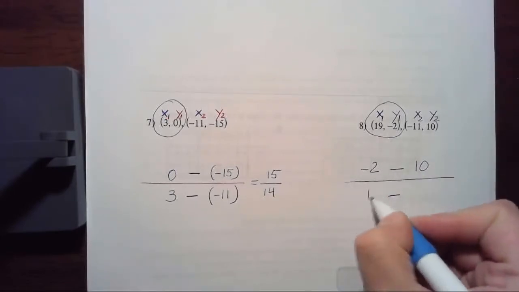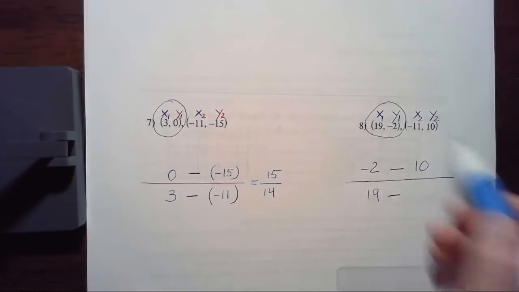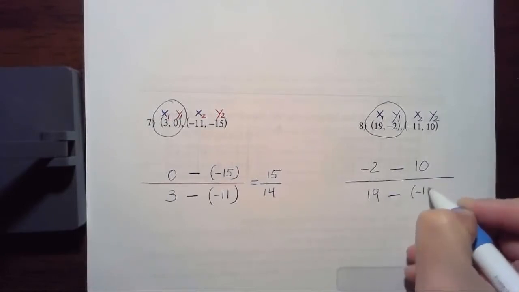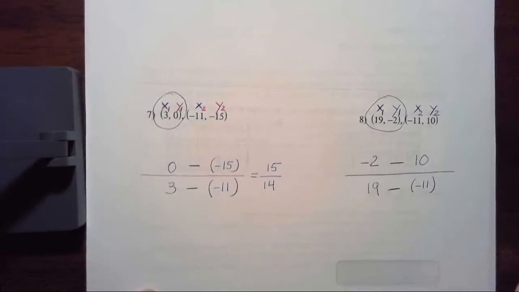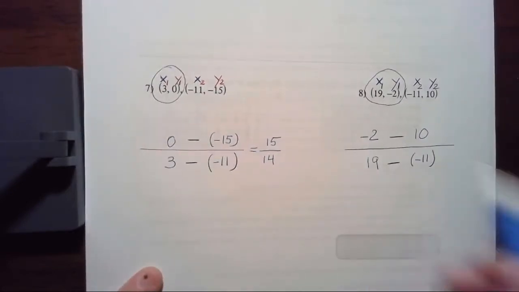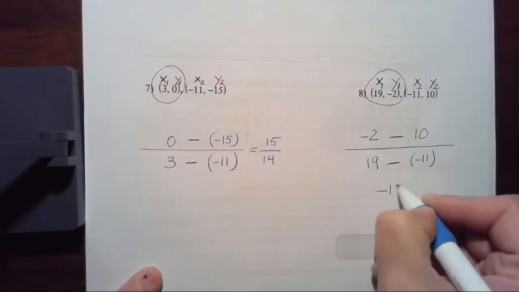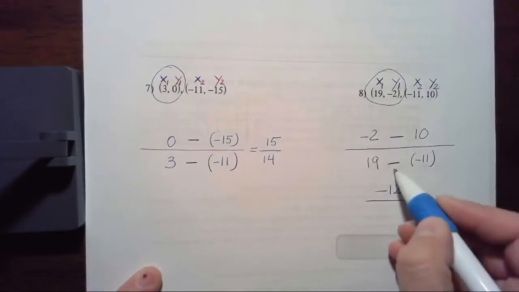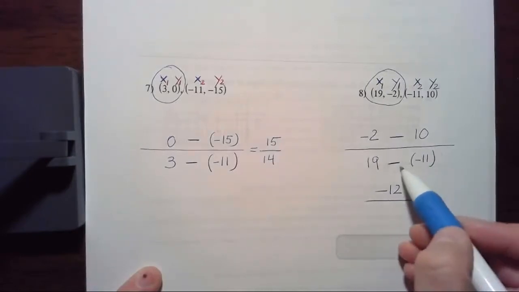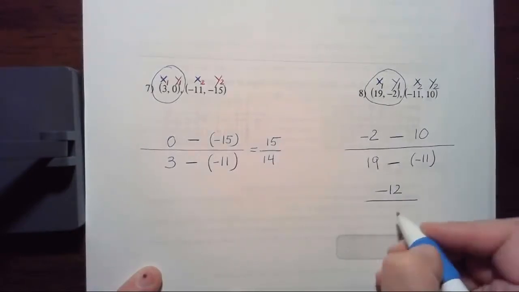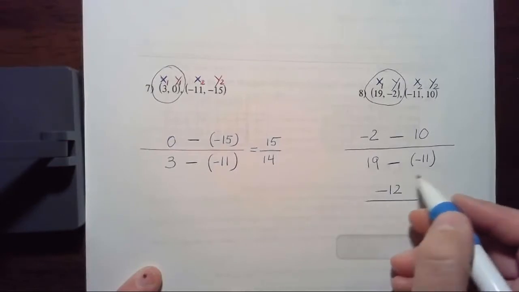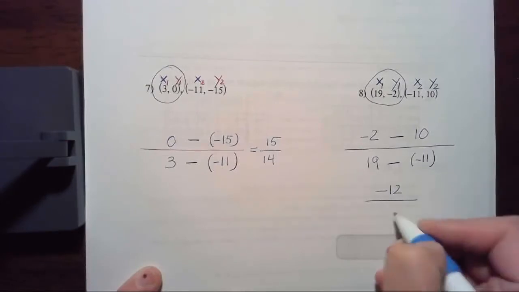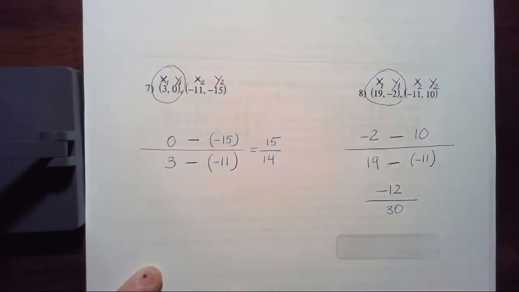Now x's, 19 and this one is -11. Okay, watch out for integers. Same sign, add and keep, -12. This negative times negative is positive. So that's really 19 plus 11, which is 30.